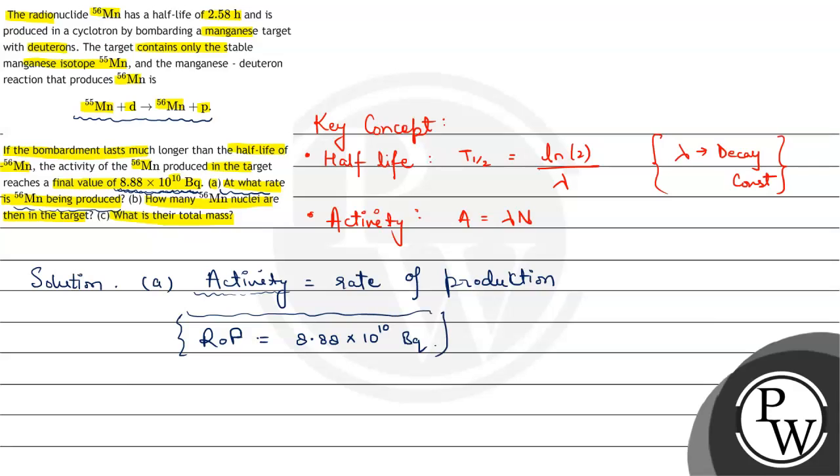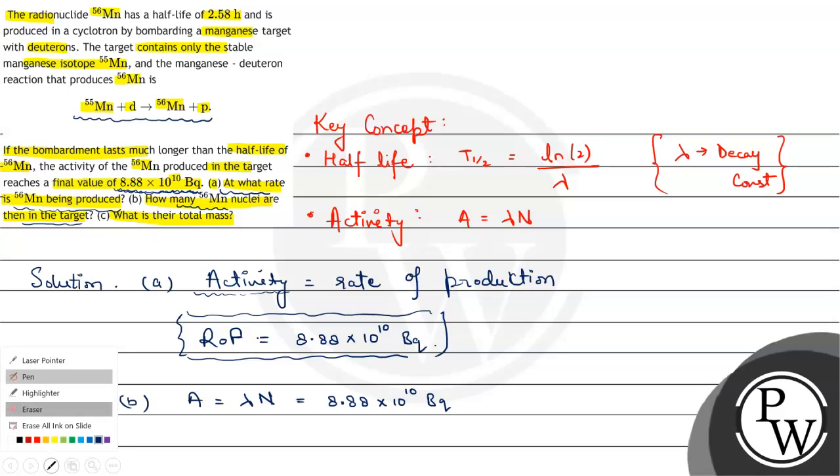Now, in the second part, what is being asked? How many 56 Mn nuclei are then in the target? So again, for part B, activity is equal to lambda N, and it will be equal to the rate of production, which is 8.88 × 10^10.